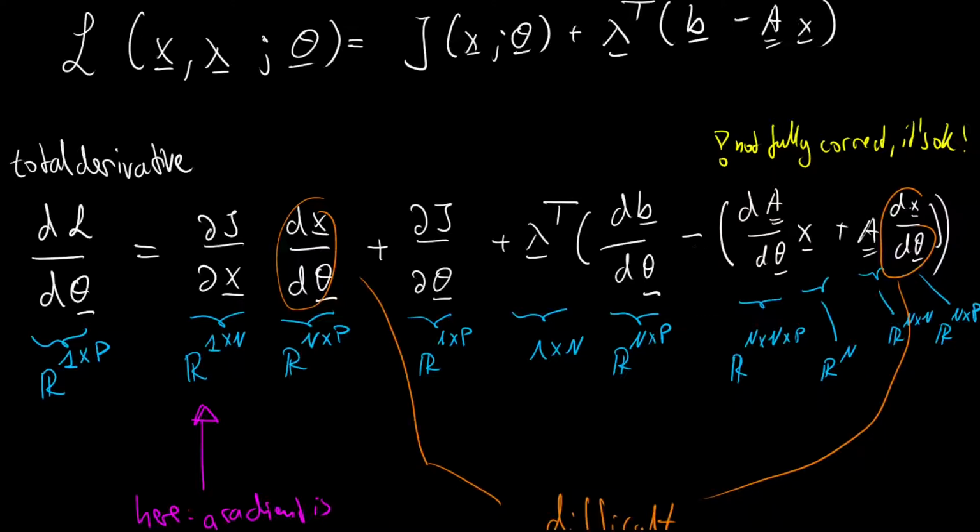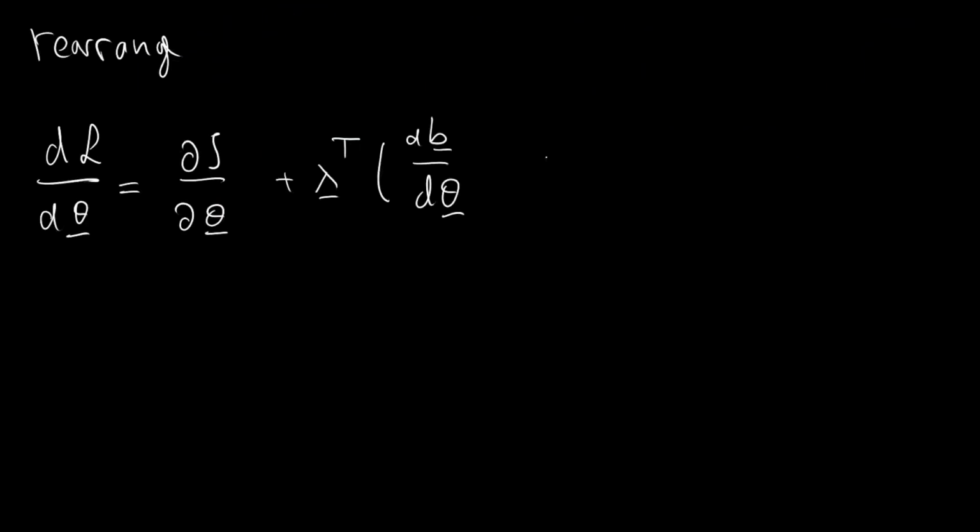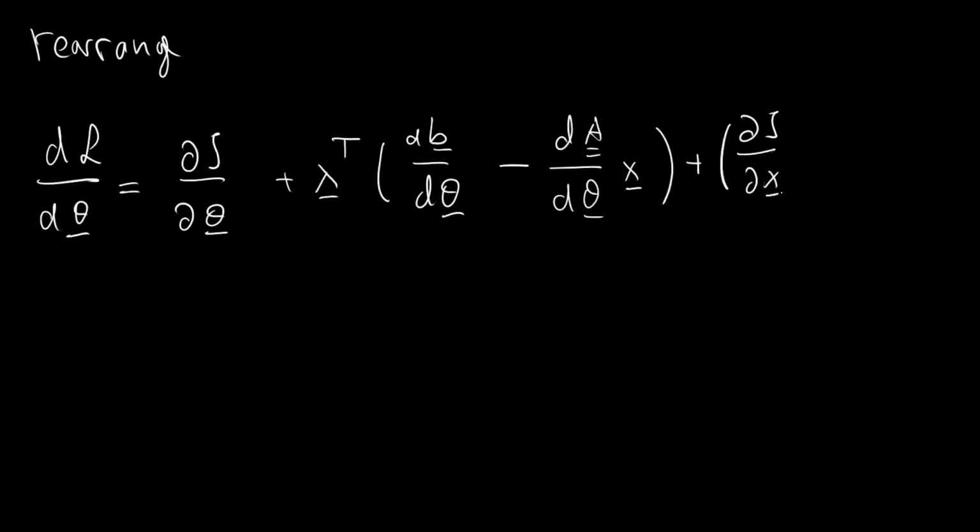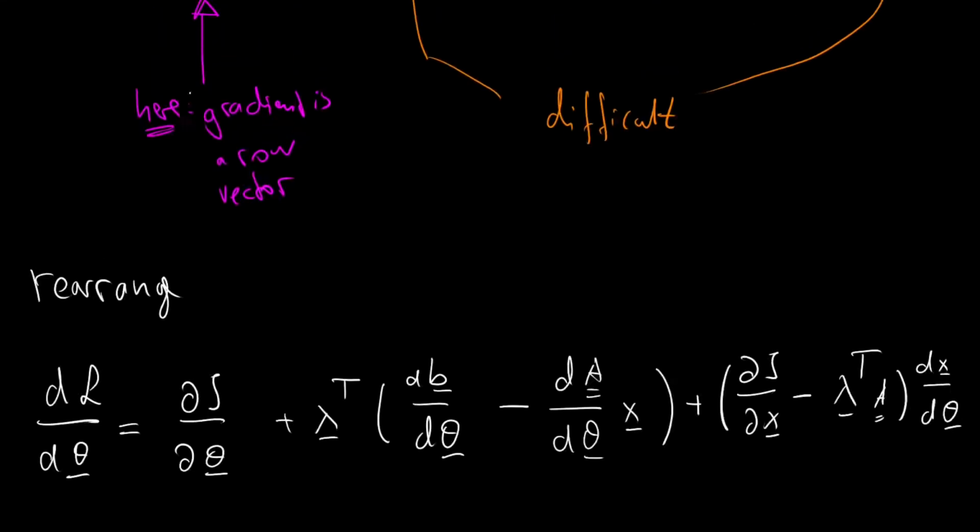It does not involve any dx by d theta, as well as this quantity. So we can have minus dA by d theta times x. And again, that's the quantity where you need to use index notation. And then we close it down. And then we have plus opening bracket partial j partial x minus lambda transpose A times dx by d theta. And that was our difficult quantity.